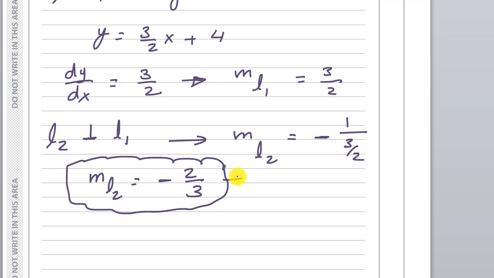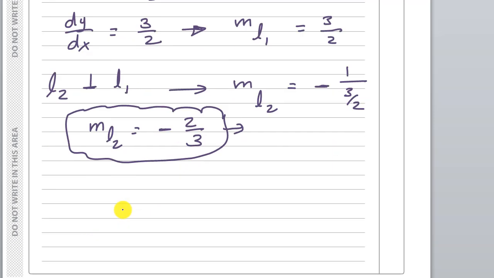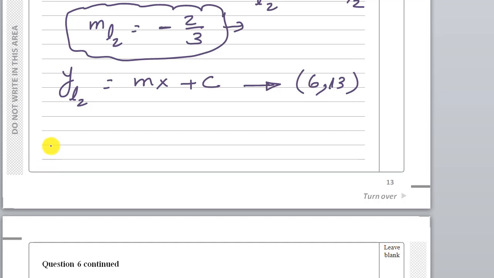So the equation of this line, L2, is y equal to mx plus c. And we know that this line passes through point Q, which is (6, 13). So y is equal to minus 2 over 3 x plus c.